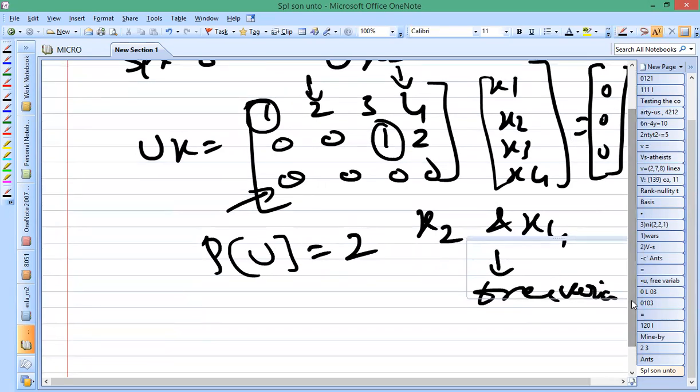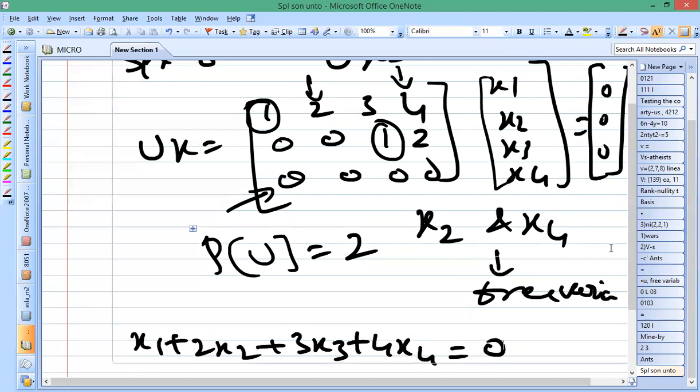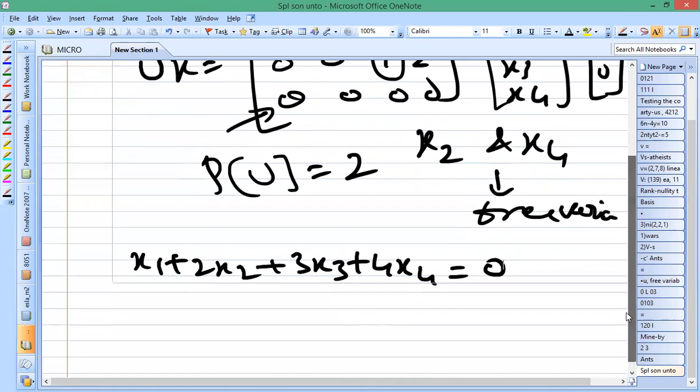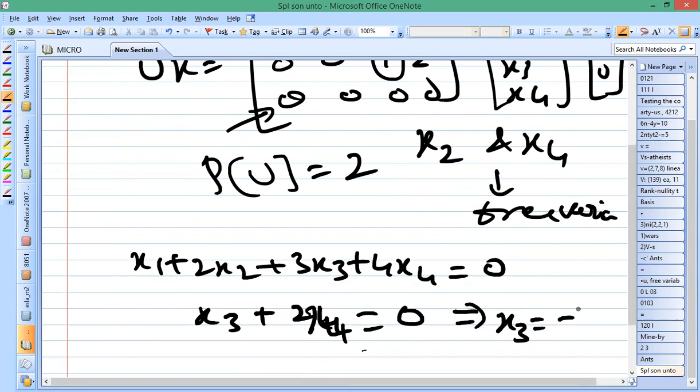Now if you simplify the equation, we'll get x1 plus 2x2 plus 3x3 plus 4x4 is equal to 0. And from the second row, we have x3 plus 2x4 is equal to 0, which implies that x3 is equal to minus 2 times x4.